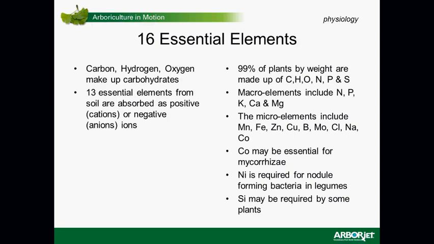And then the 13 essential elements are absorbed via the roots. So 99% of plants are made up of carbon, hydrogen, oxygen, nitrogen, phosphorus, and sulfur. We talk about macronutrients or macro elements as NPK, Cal, Mag, and sometimes sulfur. Micro elements or micronutrients are just as important.